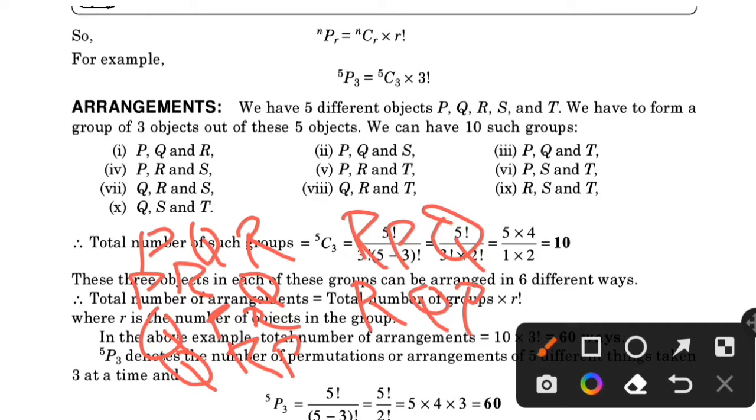So there are 10 groups, and we further arrange each in 6 different ways. So the total is 10 multiplied by 6, which is 60. So the permutation for these 3 objects out of 5 is 60, and its combination is only 10. So permutation is 6 times more than combination. Okay.